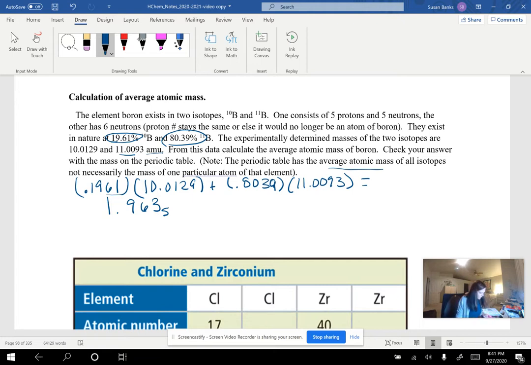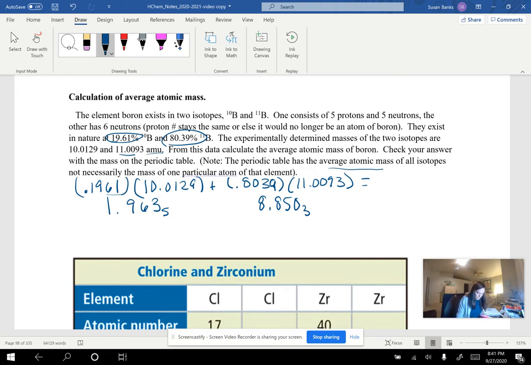I've got 4 sig figs with this one as well. This will give me 8.8503.